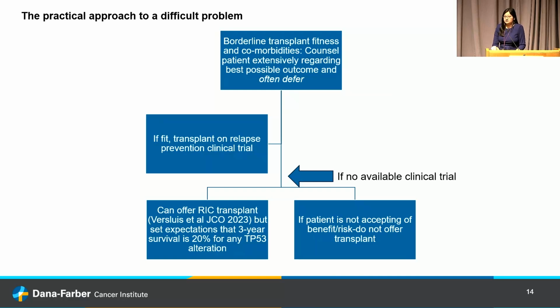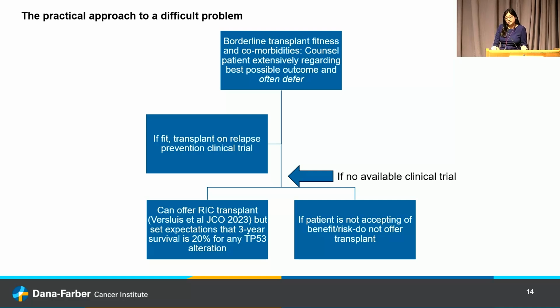So here is a practical approach to a difficult problem in the clinic when you guys hand over the patient to us to cure. If the patient has borderline transplant fitness and comorbidities, we counsel them extensively regarding the benefit and risk of transplant, because if you add the non-relapse mortality toxicity to the already high relapse rate expected, really benefit risk does not justify transplant.